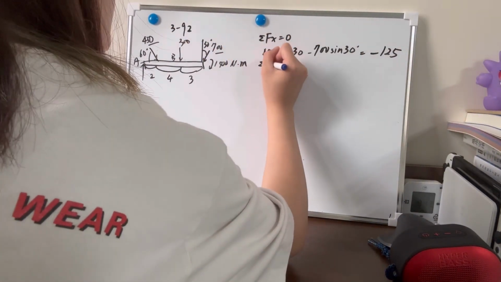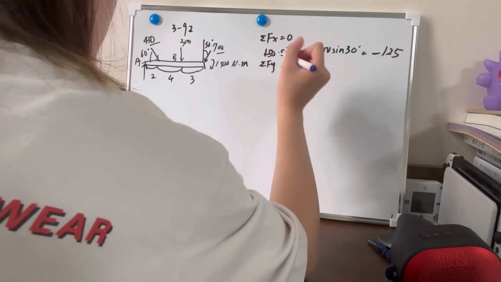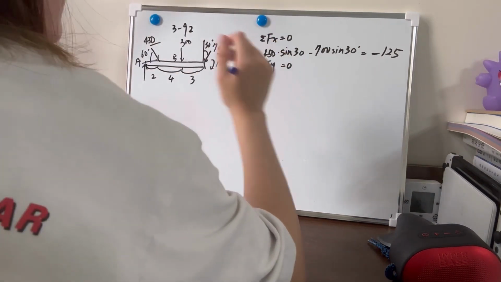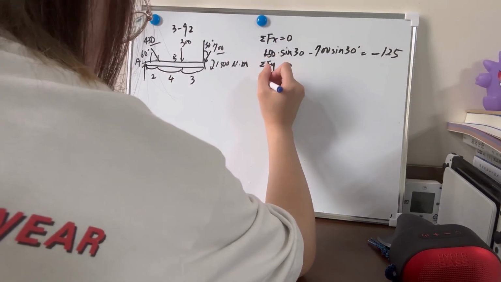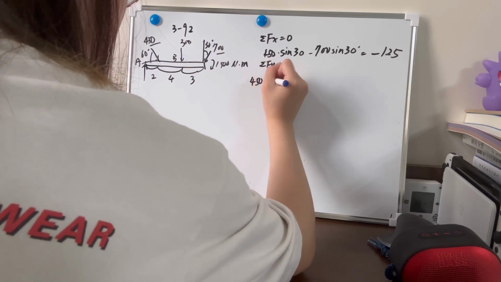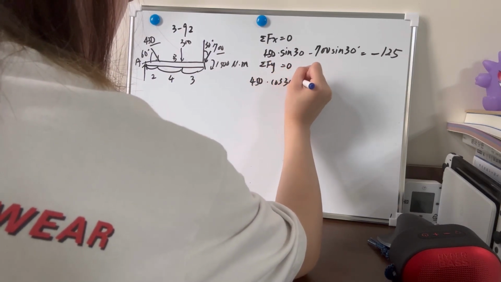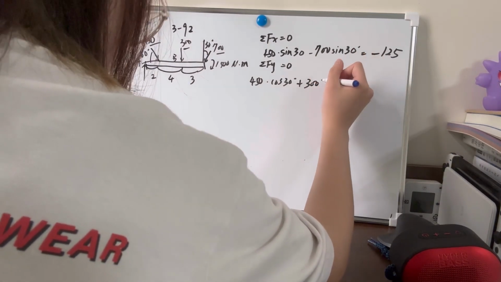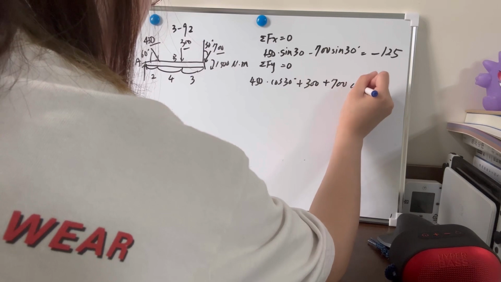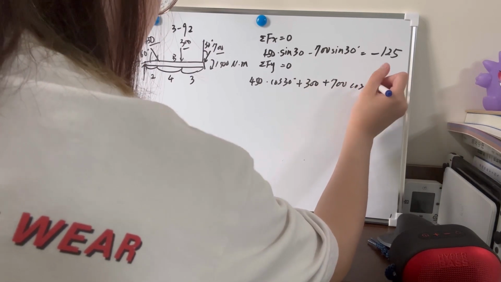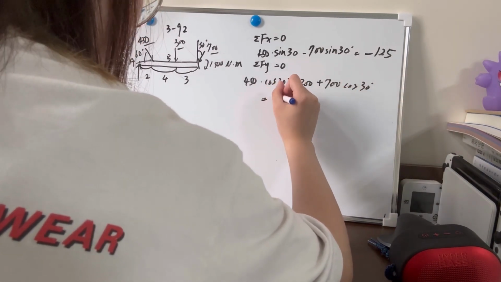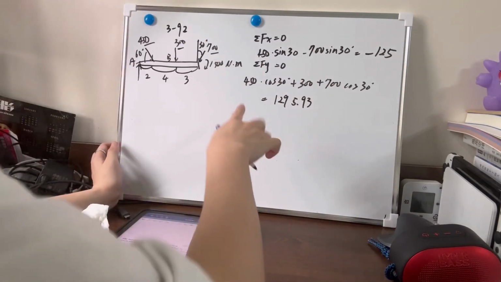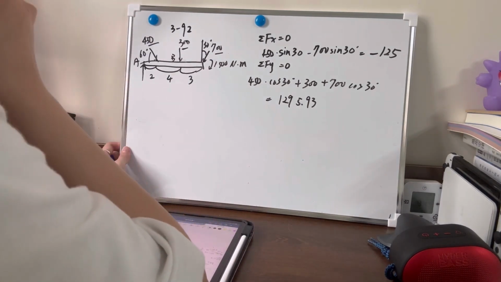And the summation Fy equals 0. So we know the force in the y-axis is like 100 minus cosine 30 and plus this, and also plus 700 and cosine 30, and it will be like this.